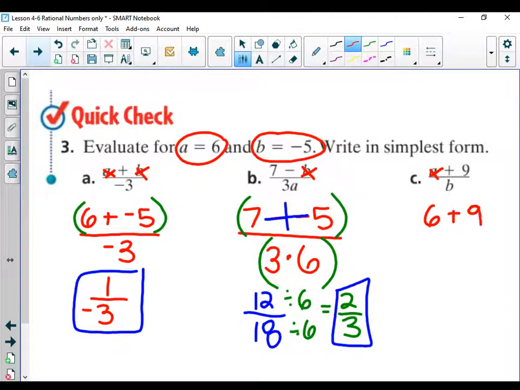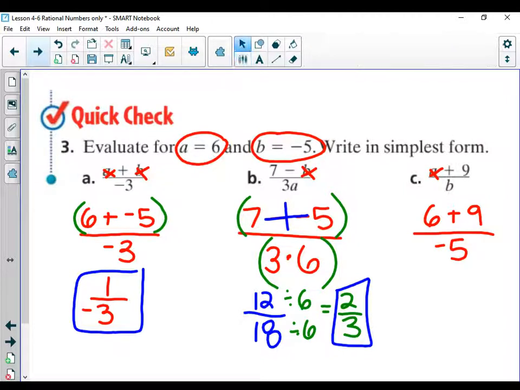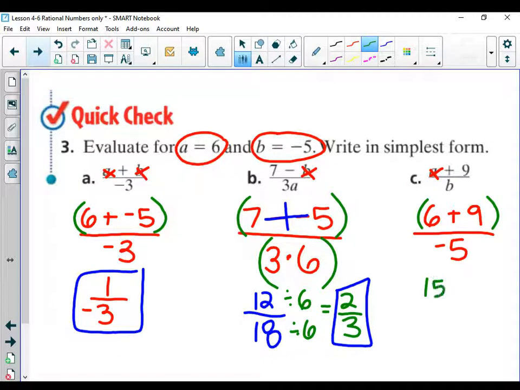Rewrite every problem with numbers and not variables. Whatever's on the top is first. Positive divided by negative, negative. I'm just slowly working my way through the problem.